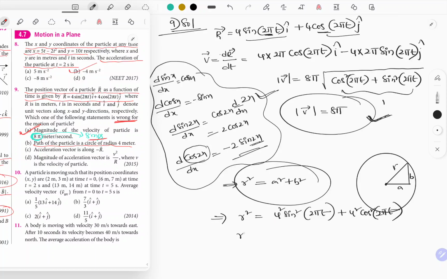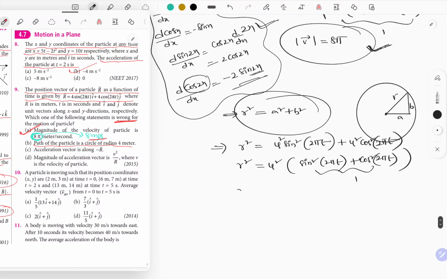If you observe, 4 square is common, r square is equal to 4 square times sin square 2 pi t plus cos square 2 pi t, which is equal to 1. What I am left with, r square is equal to 4 square and r is equal to 4. Yes, r is the radius of the circle.